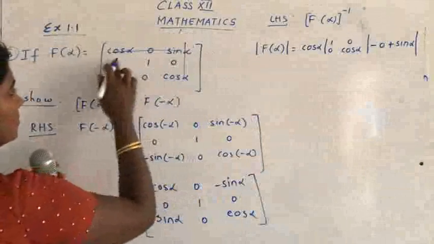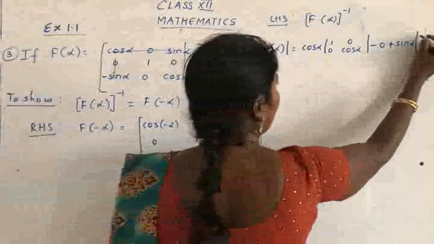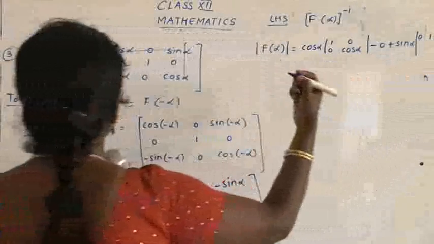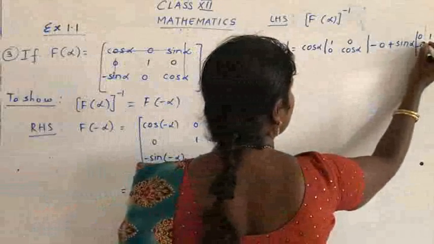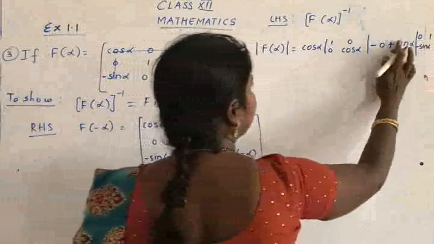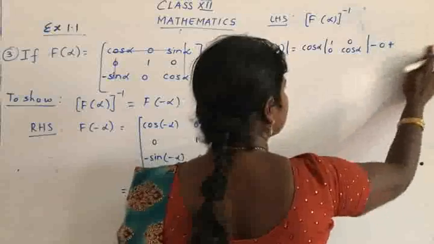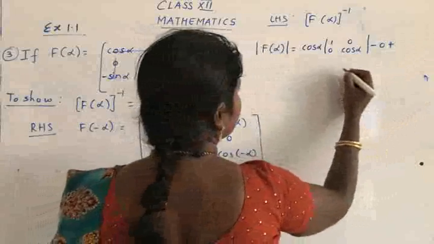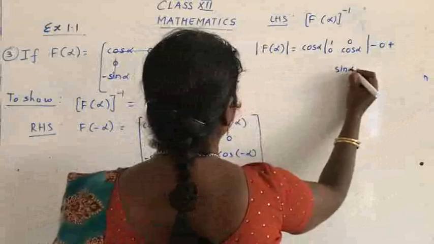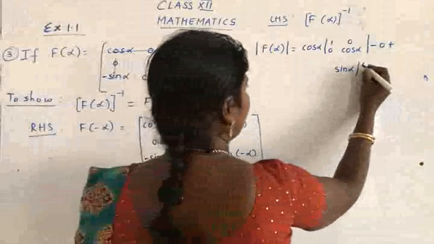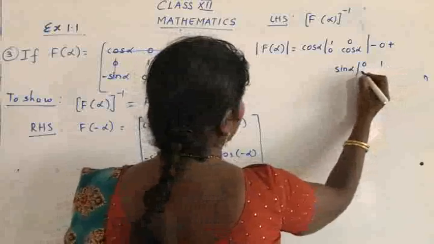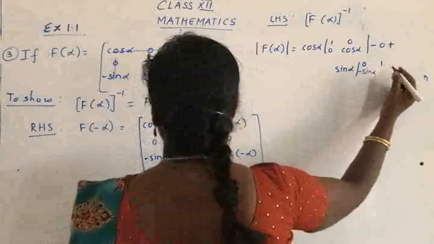So what is left here? 0, 1, minus sine alpha. Space is not over here, so I'll write over here. So it was sine alpha, 0, 1, minus sine alpha, 0.